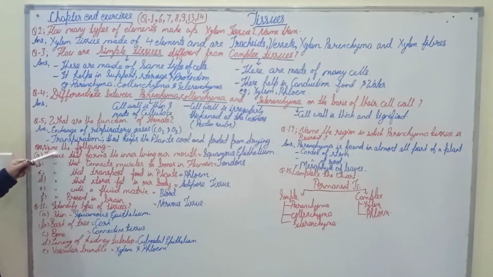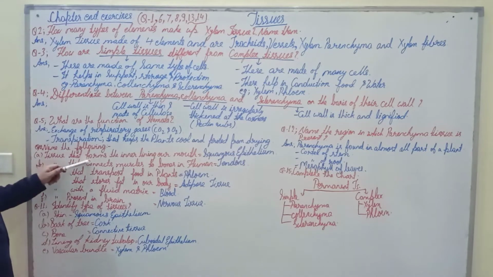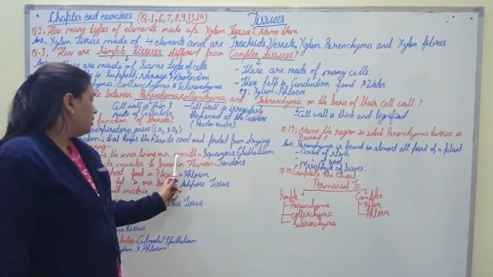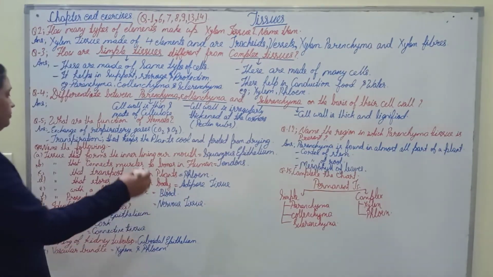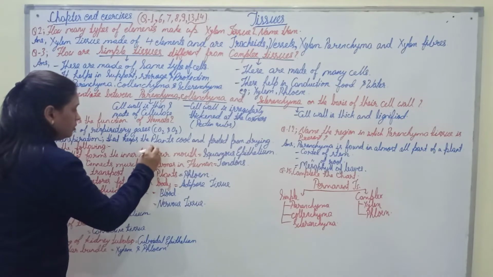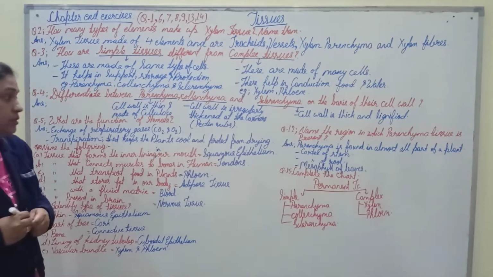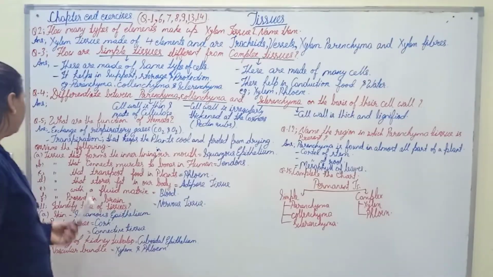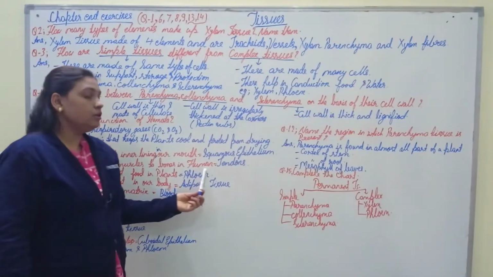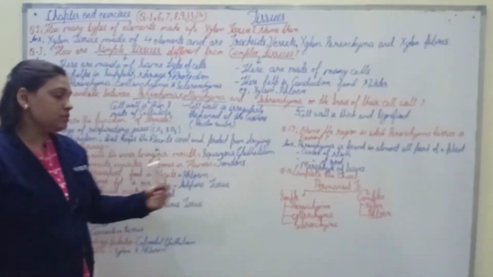Next question says name the following. Name the tissue that forms the inner lining in our mouth, and the answer is squamous epithelium. Name the tissue that connects muscles to bone in humans, and the answer is tendons.